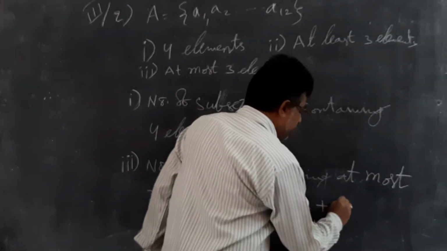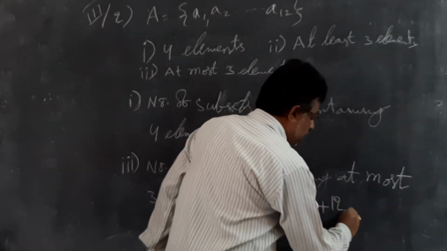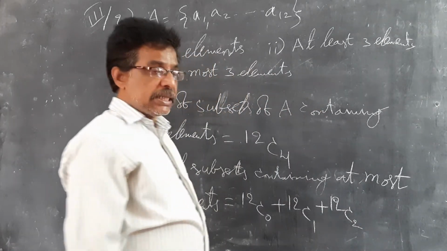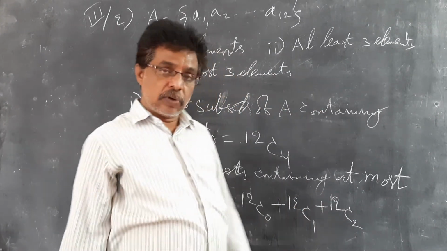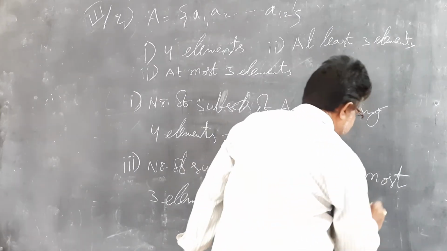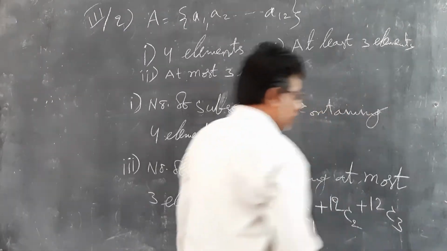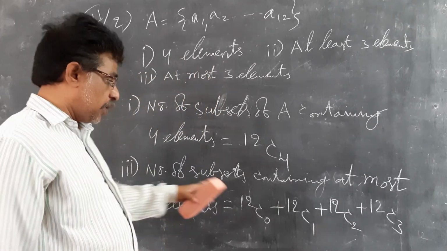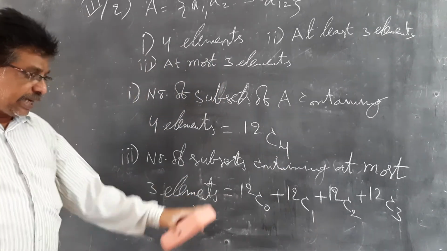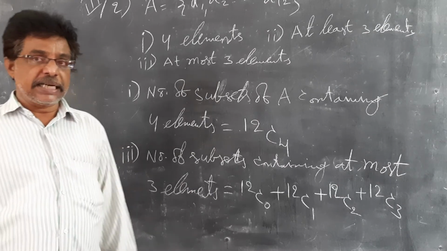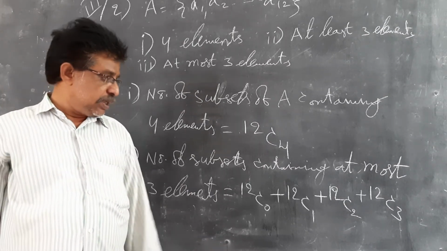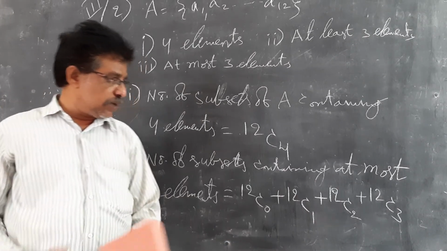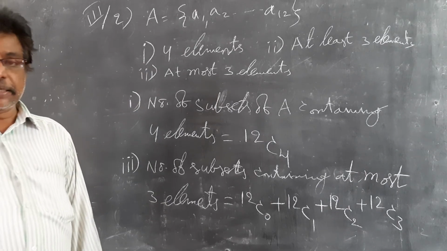Like that, containing 2 elements, 12C2 ways, there will be 12C2 subsets containing 2 elements. And subsets containing 3 elements, 12C3 will be there. So adding all together gives you the number of subsets: 12C0 plus 12C1 plus 12C2 plus 12C3.